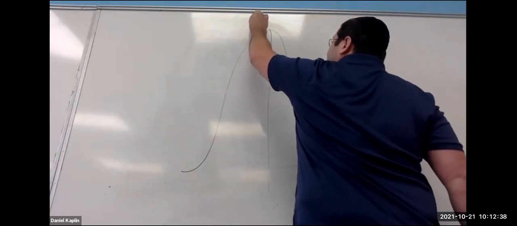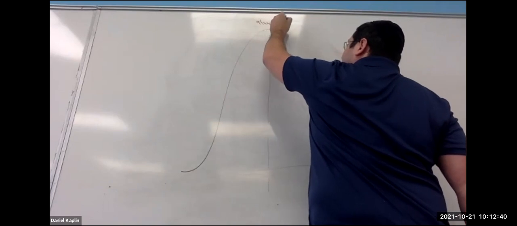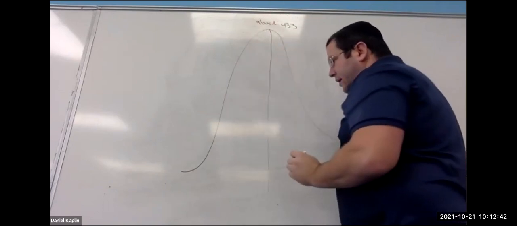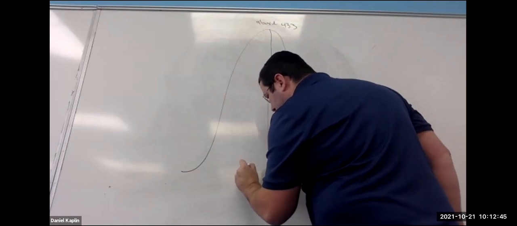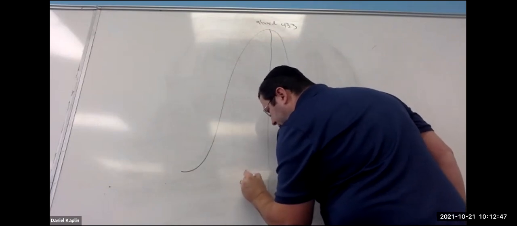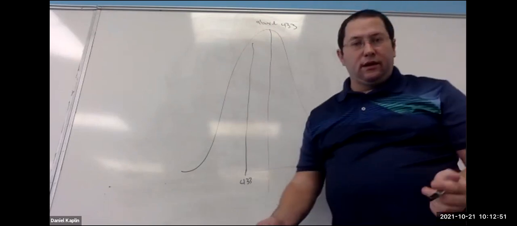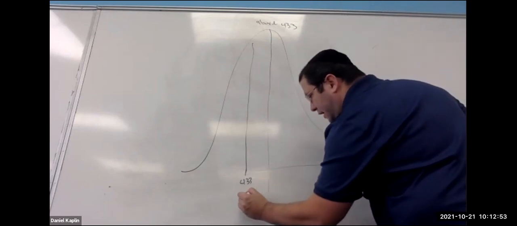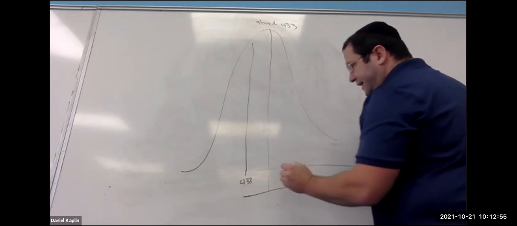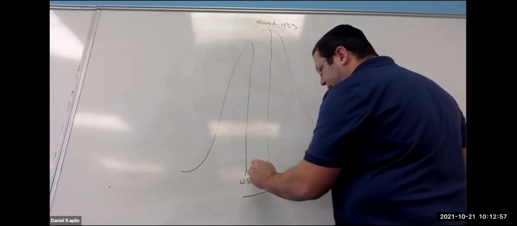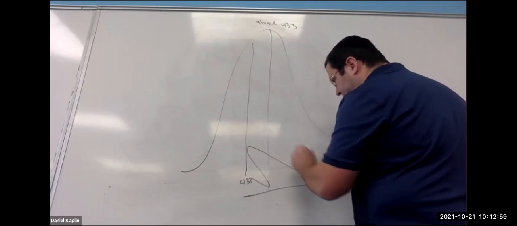So above 433. So now I want to mark 433 here, draw my line, but what am I looking for? I'm looking for all the scores above. So really, if you don't mind, I'm going to shade the distribution for what I'm looking for.